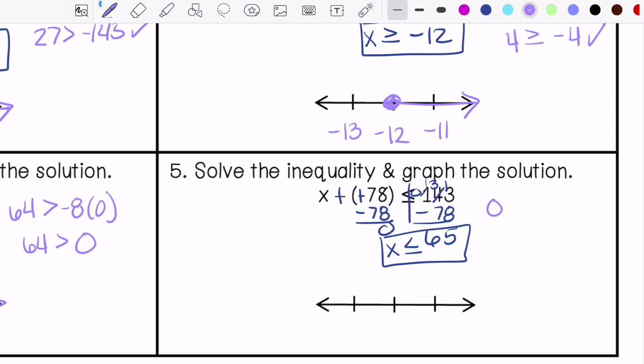So 0 minus negative 78. Is that less than or equal to 143? Keep, change, 78. Yes, that is true. Closed circle.